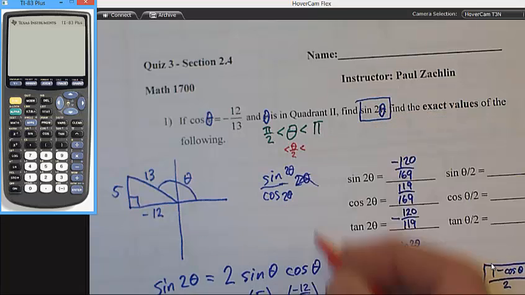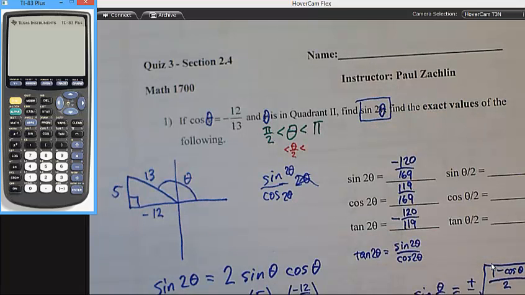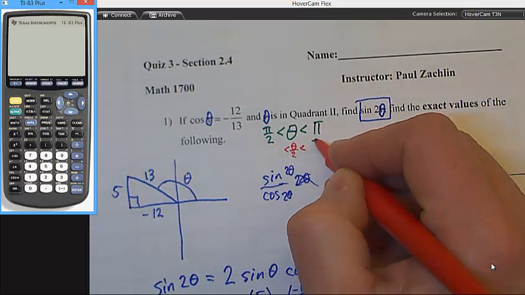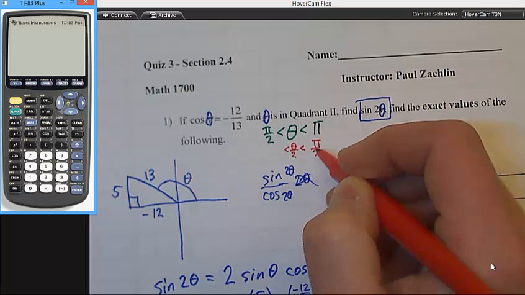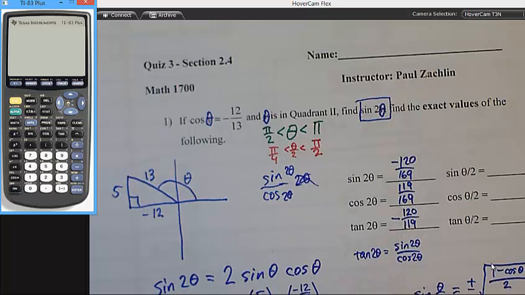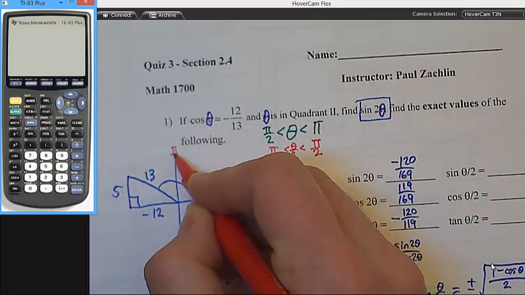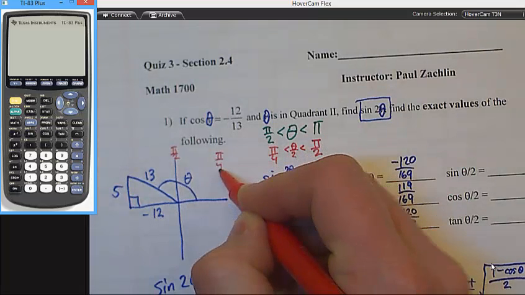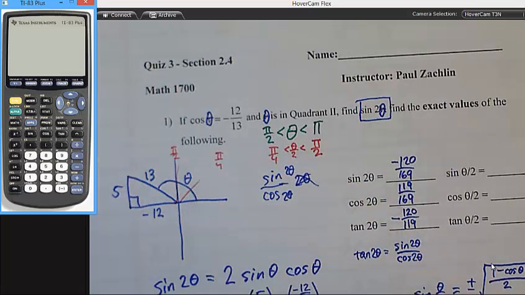So I'll divide everything by 2. What does theta over 2 have to be between? Pi over 4 and pi over 2. And if you look on my picture where that is, here's pi over 2, here's pi over 4, right? So the theta over 2, I don't know where it is, but it's somewhere there in the first quadrant. You guys with me? Or was that too fast?